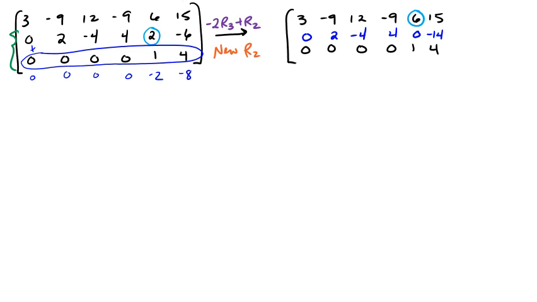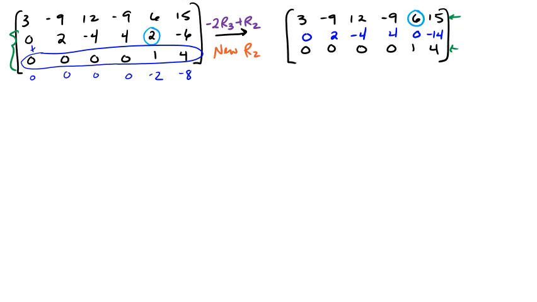All right, so what I can do is focus on these 2 rows. Oops, oh goodness. This one and this one, and make that become a 0.